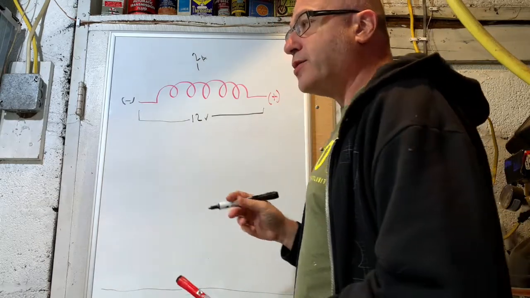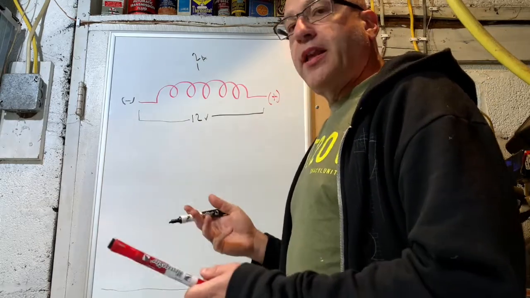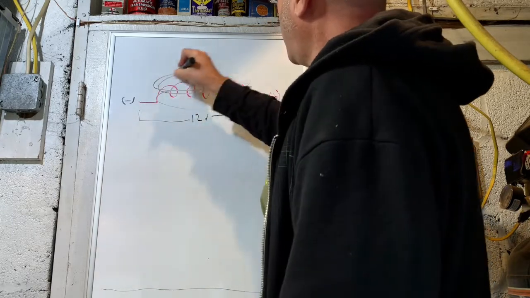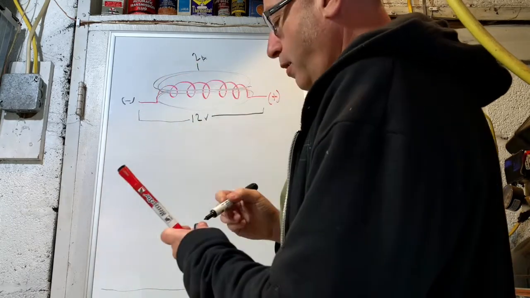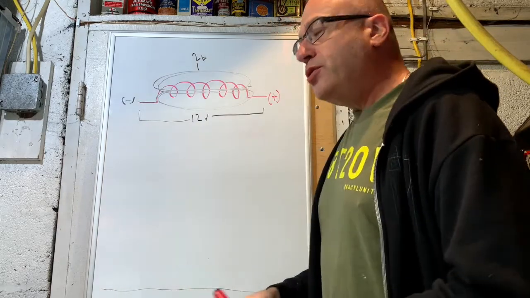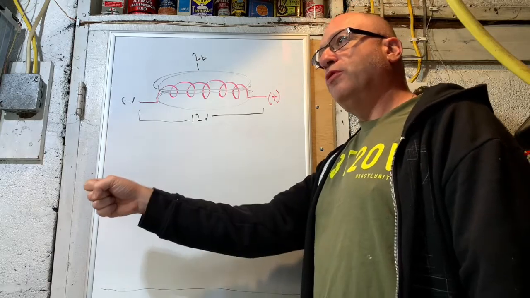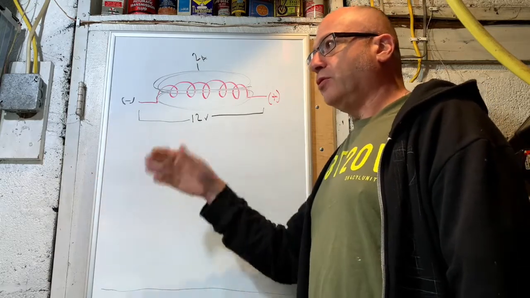When I do that, it's going to generate a magnetic field. It's going to generate a nice strong magnetic field within that coil of wire, and at that point we can use that magnetic field to move something. We can use it to move a solenoid or a pintle or an arm on a relay.